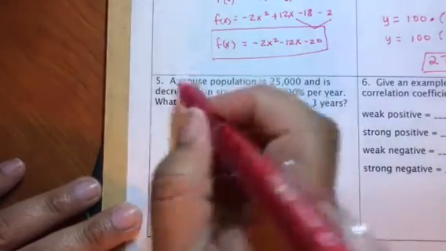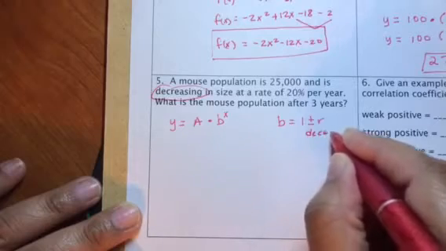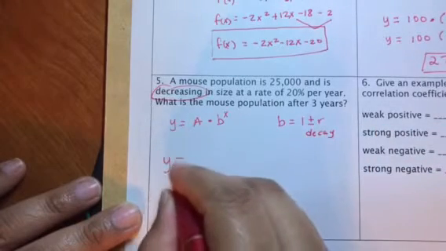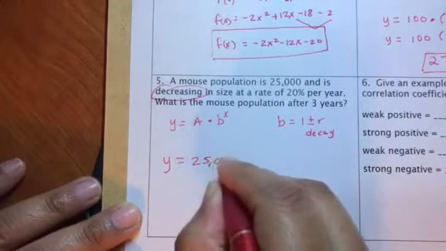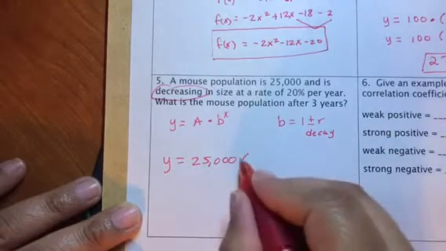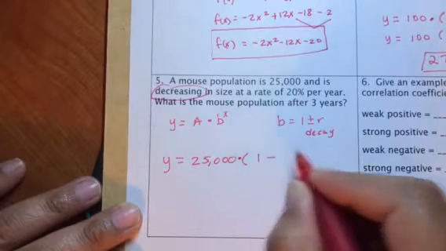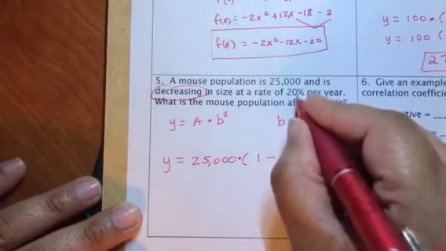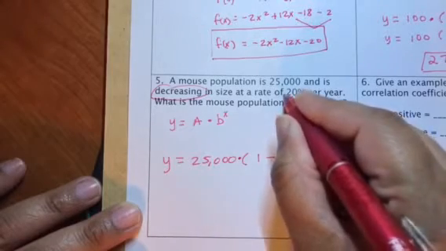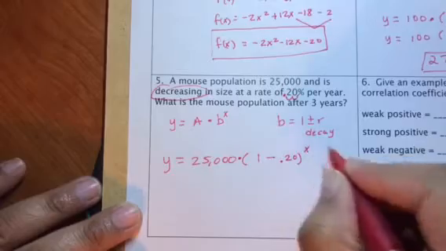Okay, because it's saying decreasing, we should know that we want decay, so we're subtracting. So our initial amount is 25,000 times our B, which is 1 minus, and again we have to move this 2 places, so 0.20, to the x power.